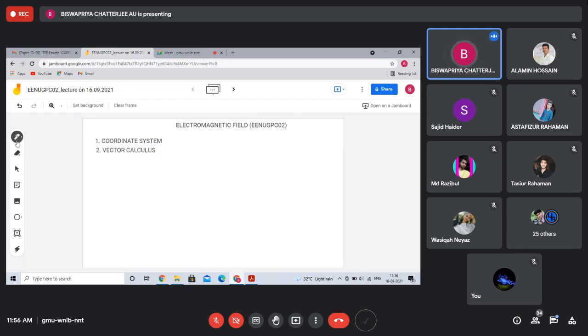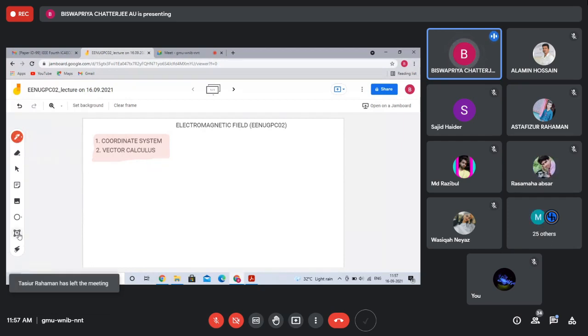These 2 modules happen to be the foundation of this course, because if you know them very well, then you can solve the different problems of the subsequent modules. So learning these 2 modules is very important.